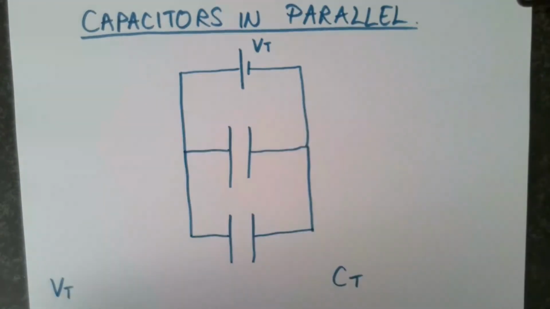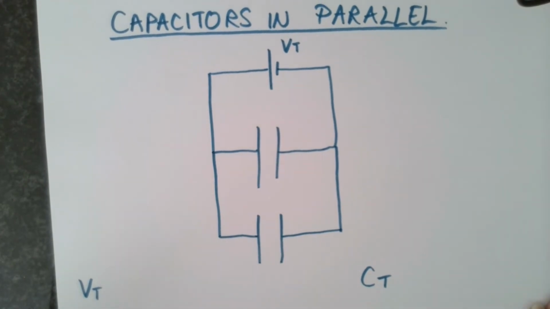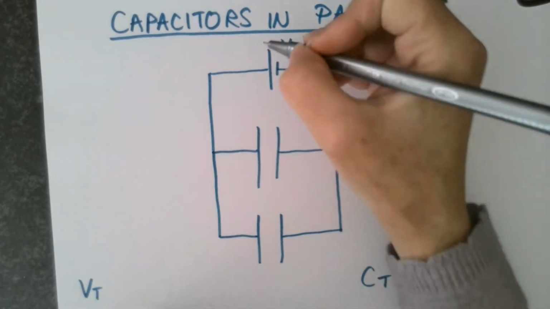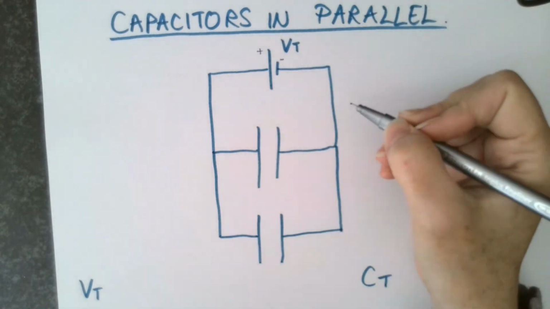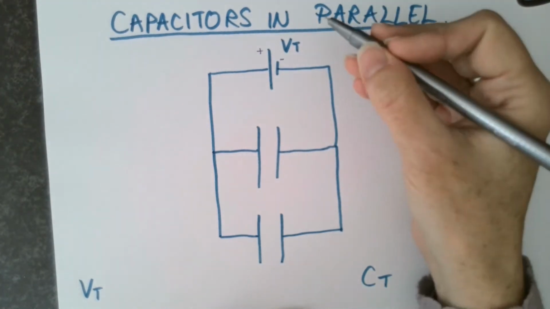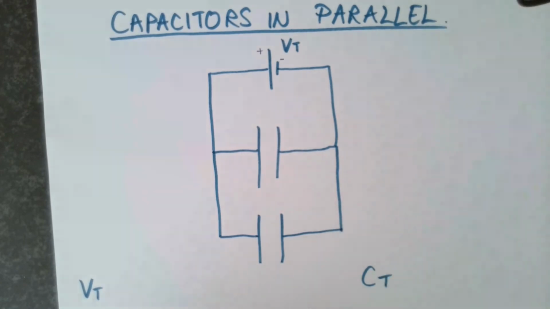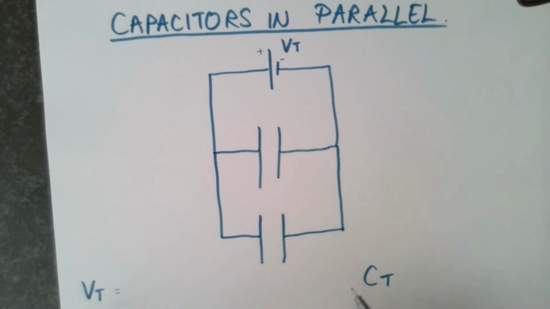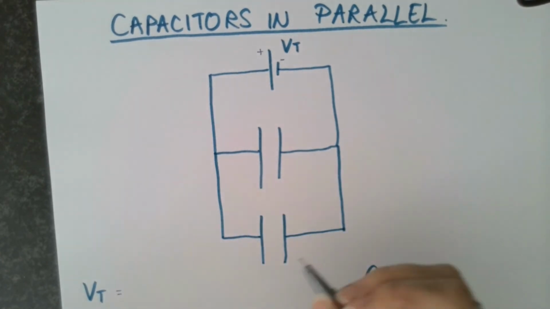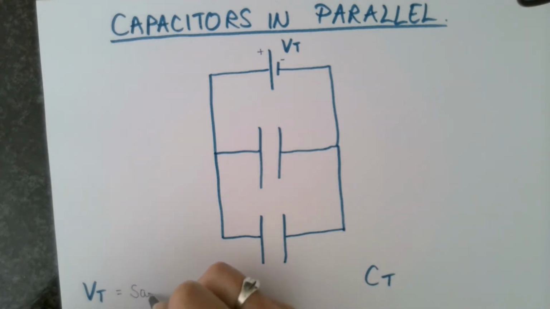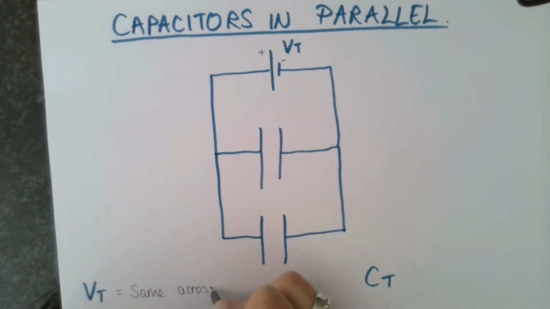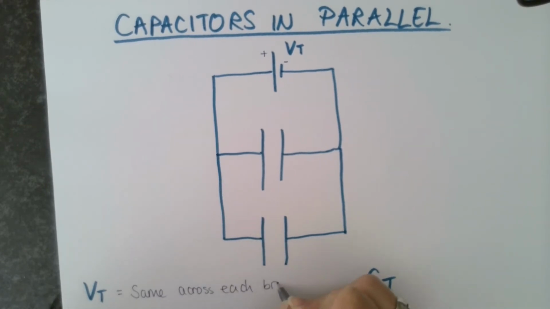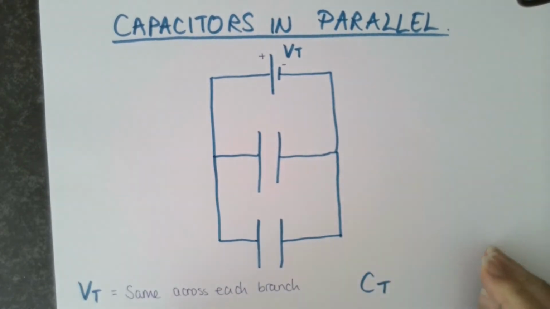So what about in parallel? So in parallel, we've got capacitors in parallel. Same things going on here. We've got the positive and negative terminal of our cell and our VT. Now in parallel, we know that the voltage across each of our capacitors, because there's only one in each branch, will be the same across each branch, and in this case that's each capacitor.